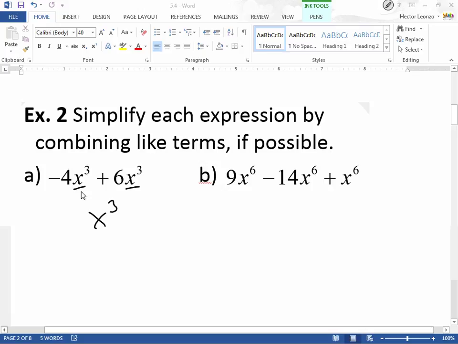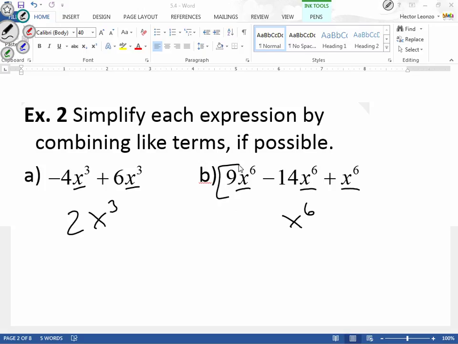Now in order for us to combine these two terms, we're going to combine the coefficients, and then we're going to add them. So we're looking at -4, +6. We know that when they have different signs, we subtract, keep the sign of the larger one. So it's going to be positive 2x to the third. Looking at my example B, all of these have x to the 6. So I'm just going to copy my x to the 6, and I'm going to combine my coefficients.